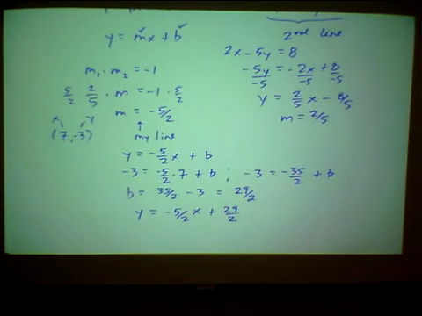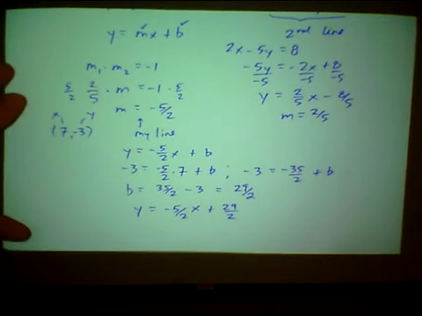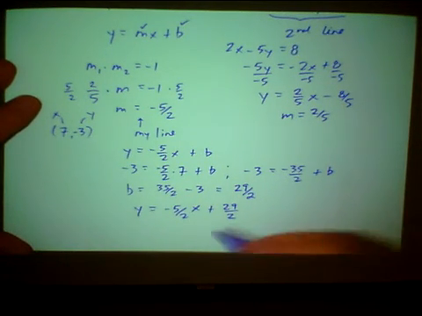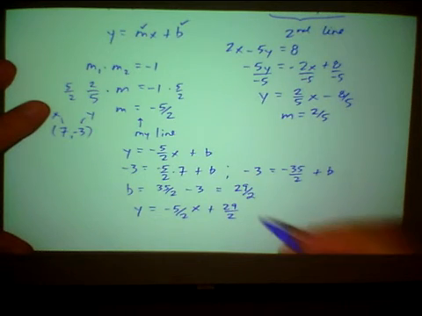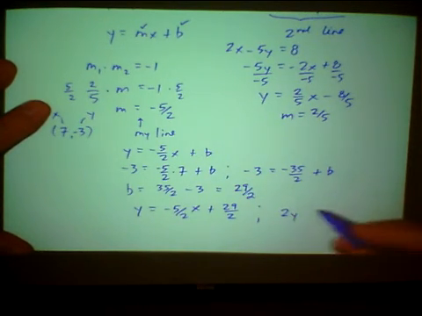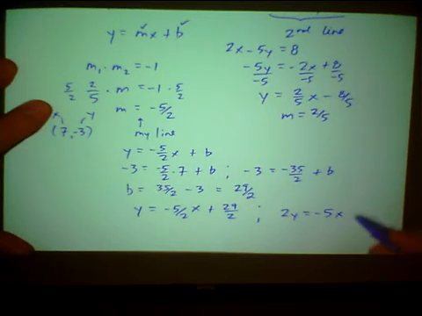Let me go ahead and also write it in the general form, because oftentimes that's the way they ask for the answer on WebAssign. So once again, I first want to clear the fractions. So I'll multiply both sides by the common denominator 2. And when I do that, I end up with 2y equals -5x plus 29.